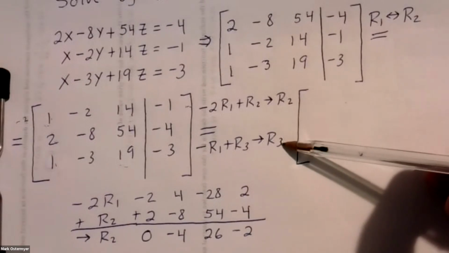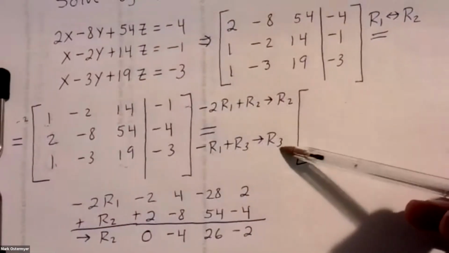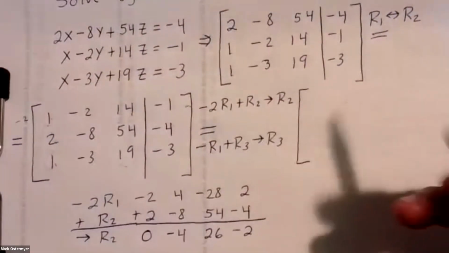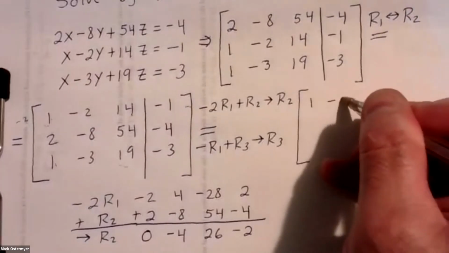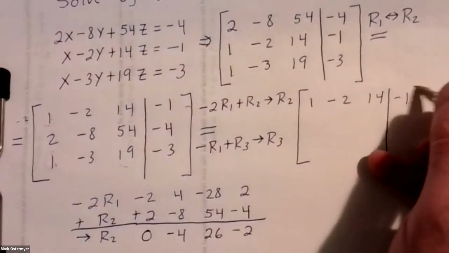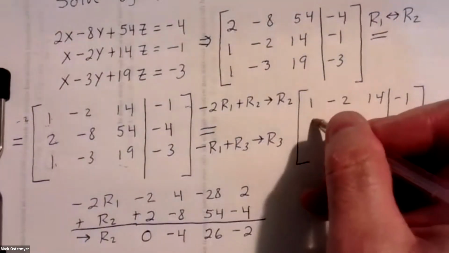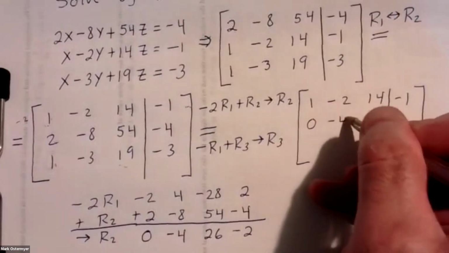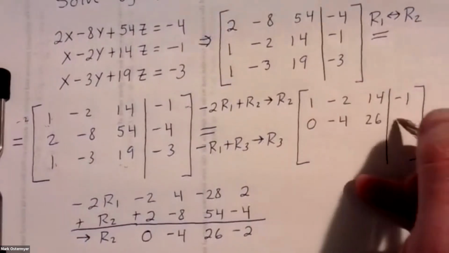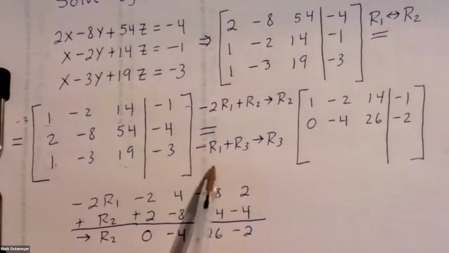But what row will not change? Row 1. I'm using row 1 to change row 2 and row 3. But row 1 does not change. Just pencil back in row 1. All right, now row 2 is about to take on this new equivalent look. Here's my new equivalent row 2: 0, -4, 26, -2.